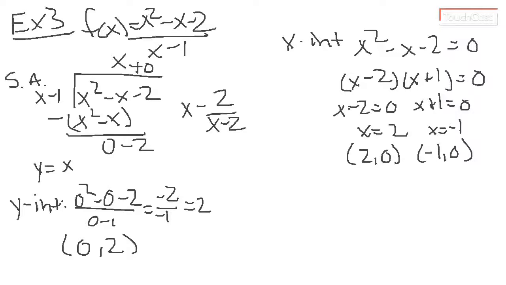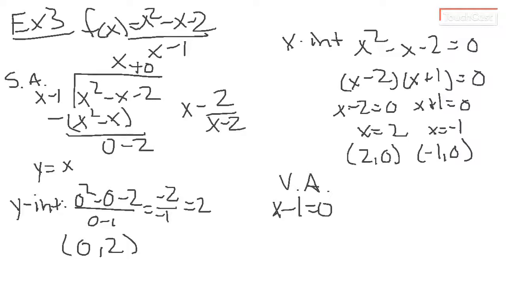Now when we're looking for vertical asymptotes, we ask ourselves if we set the denominator equal to 0, x minus 1 equal to 0, for what values of x would that be true?